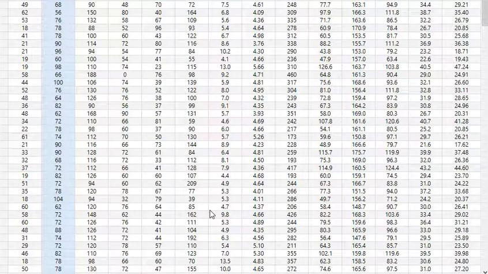So we'll start with problem number 10, which is measurements from a random selection of females. We've got that loaded in StatDisk, and we're going to focus on their pulse rates.